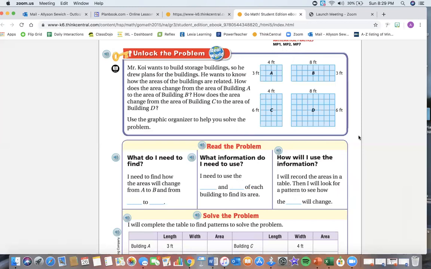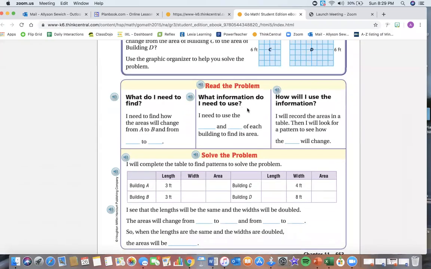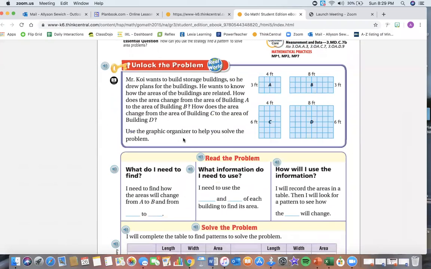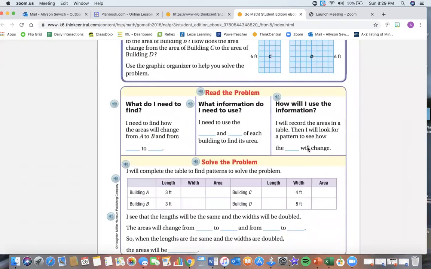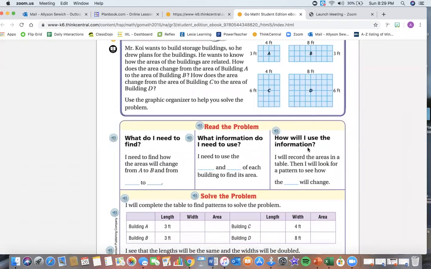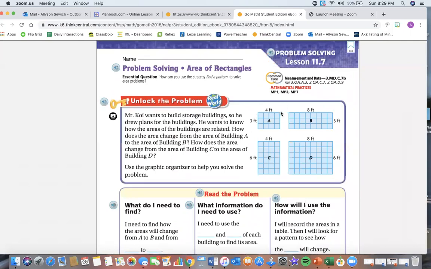All right, so let's go down here. Okay, so with building A, I will complete the table to find patterns to solve the problem. So building A has a length of 3 feet and a width of 4 feet.